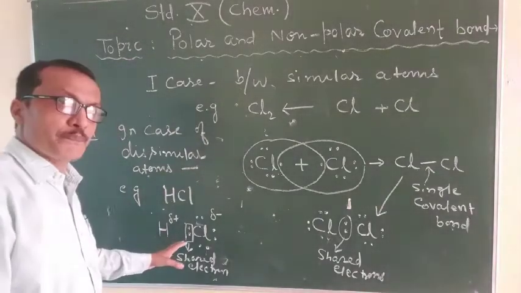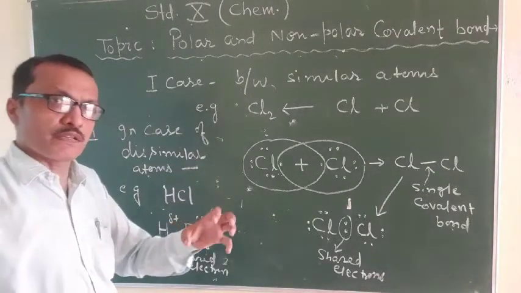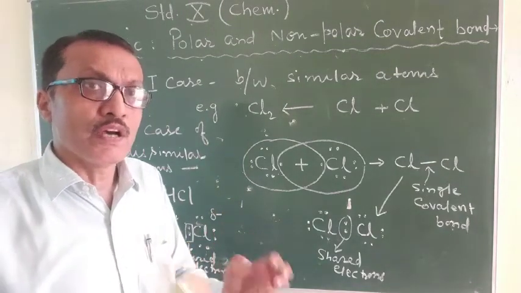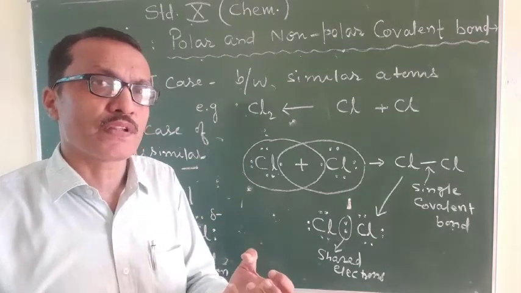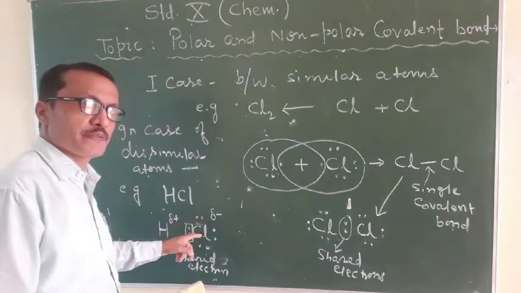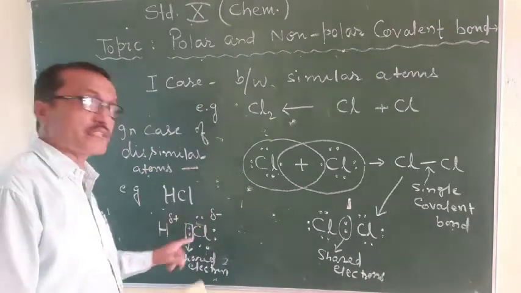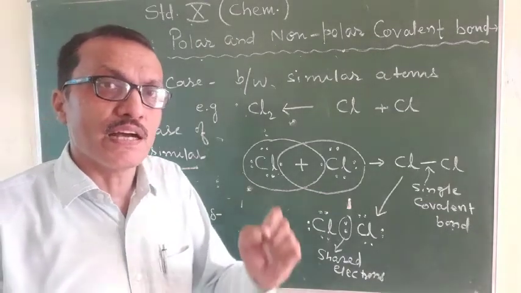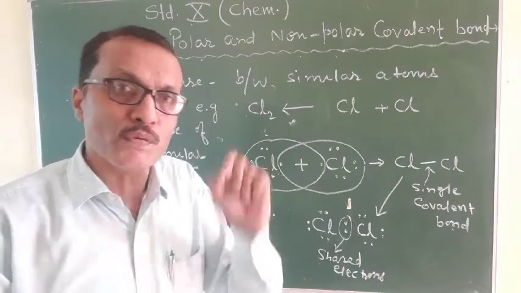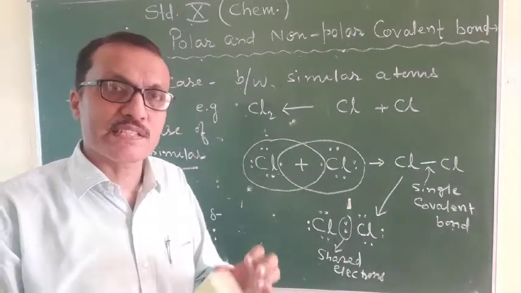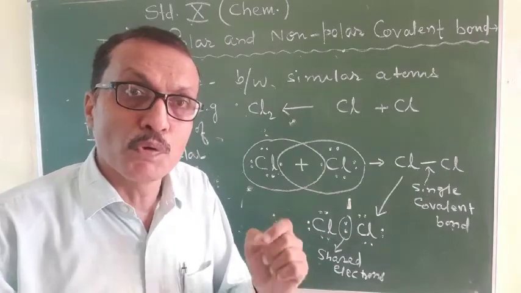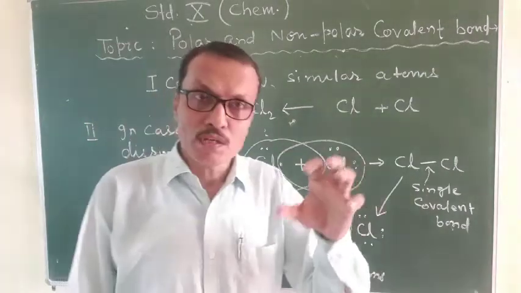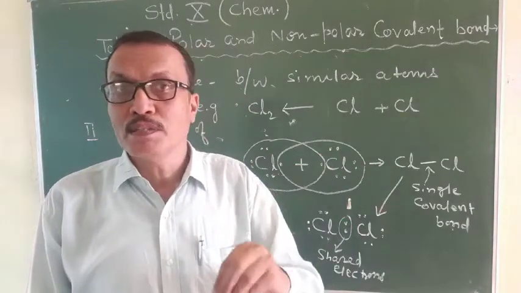In this way, two poles come on the terminal positions of both atoms, and due to this the compound HCl is regarded as a polar covalent compound, and the bond between H and Cl is said to be a polar covalent bond.